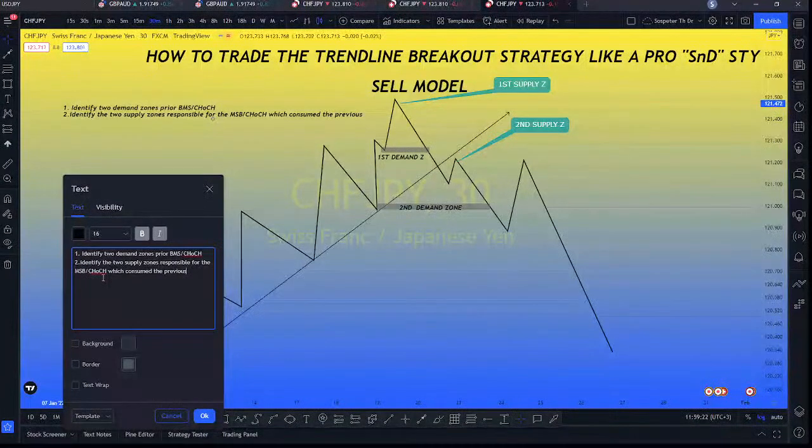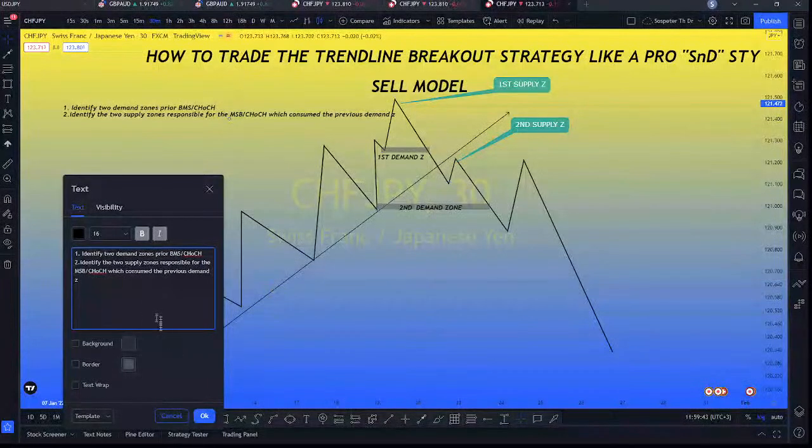In this case, the first demand zone is a high low, and so is the second demand zone. So the supply zones which were responsible for consuming both previous demand zones.